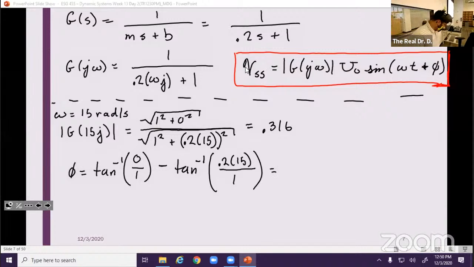We can crunch those. This one's negative 1.25 radians. Remember, when you're doing the calcs for this, you want to be in radians on your calculator. Or if you're in degrees, then convert to radians, times pi over 180. Or you can get crazy, times 2 pi over 360.